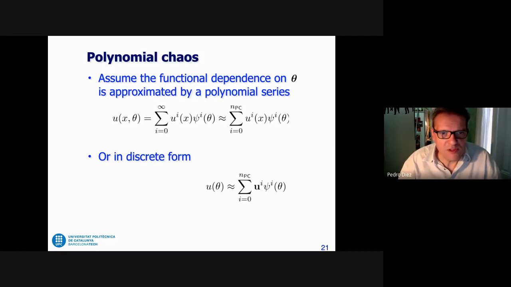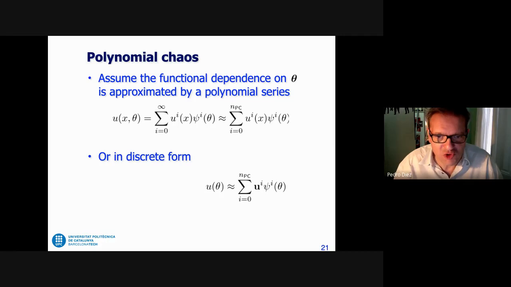Polynomial chaos is a strategy in which the output, the solution that depends both on the space and on the parametric stochastic dimension theta, is expressed in terms of a separated representation of some modes or unknowns that depend only on x, and some polynomials depending on theta.